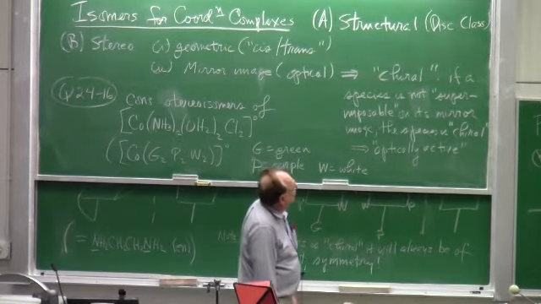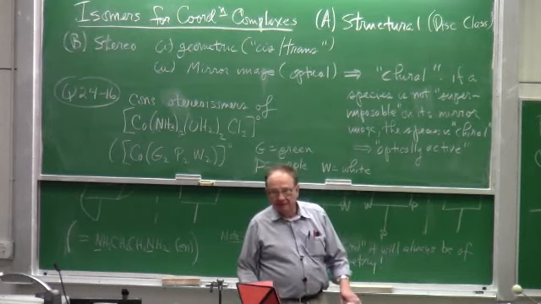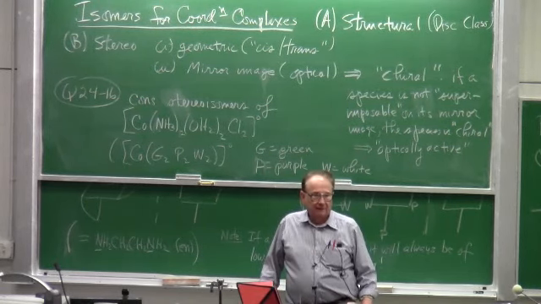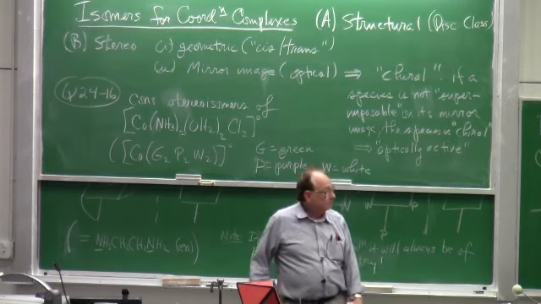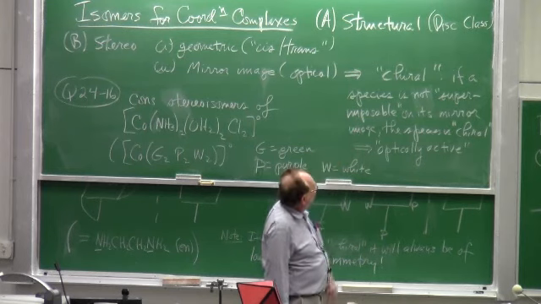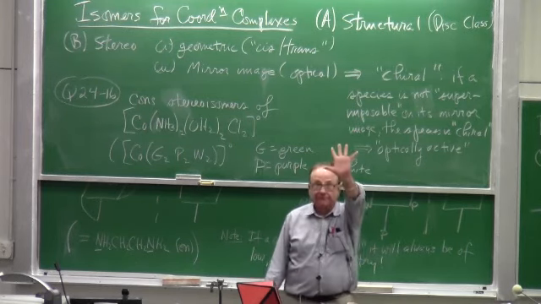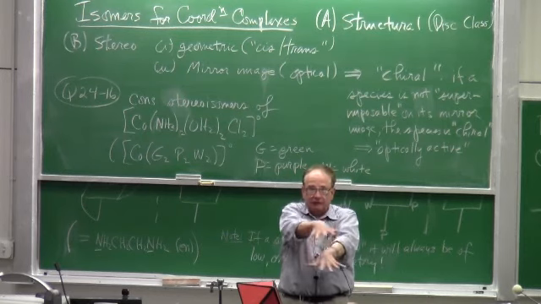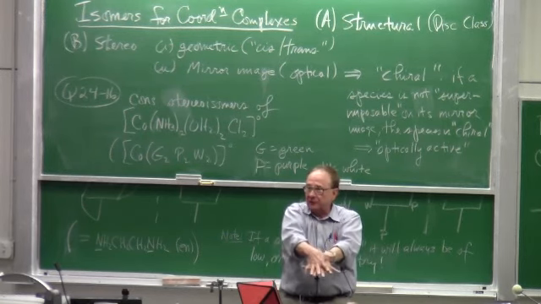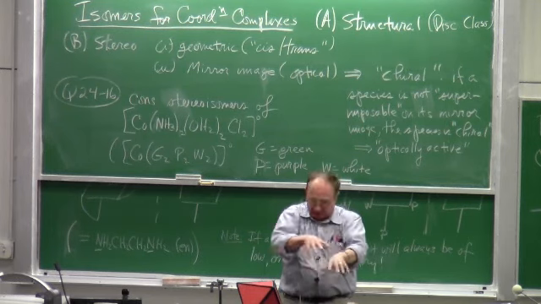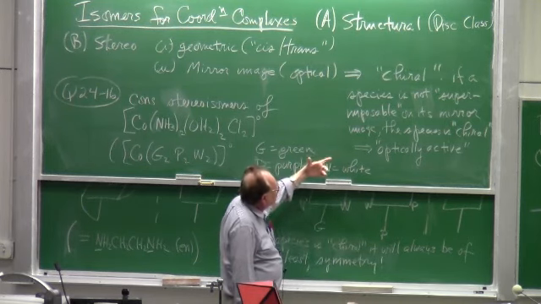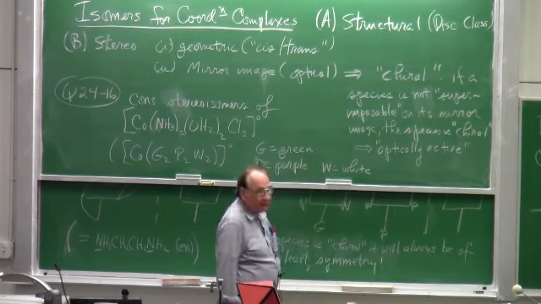Chiral: if a species or an object, or the most common species we deal with in chemistry class, a molecule, is not superimposable on its mirror image. Not superimposable. If they were superimposable, they'd be geometrically identical when I lay them upon each other. If a species is not superimposable on its mirror image, the species is chiral.